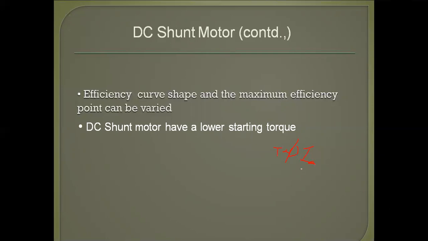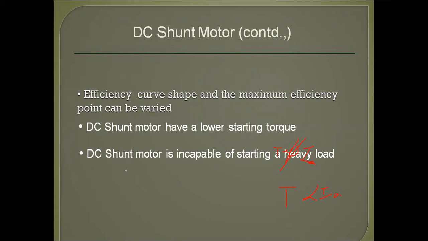In shunt motor, the flux is practically constant, so the torque is proportional to armature current. That's why the DC shunt motor has lower starting torque, and it is incapable of starting heavy loads.